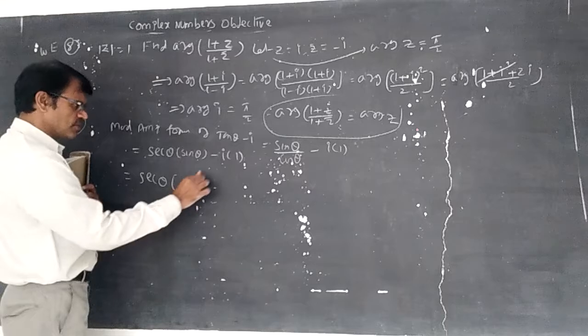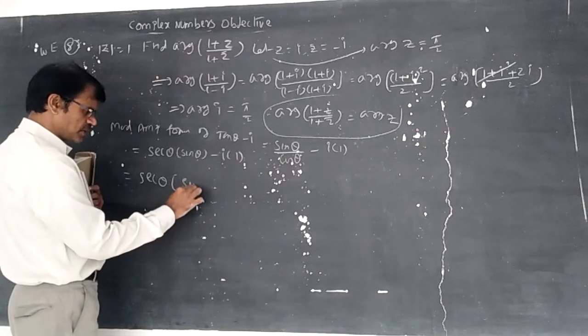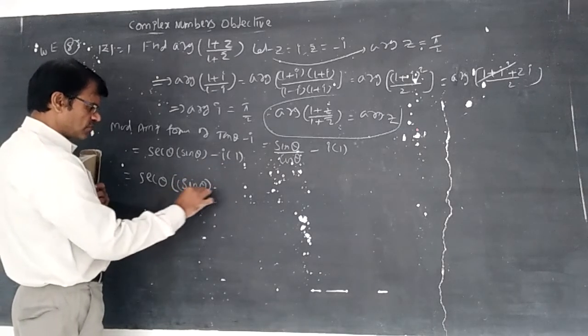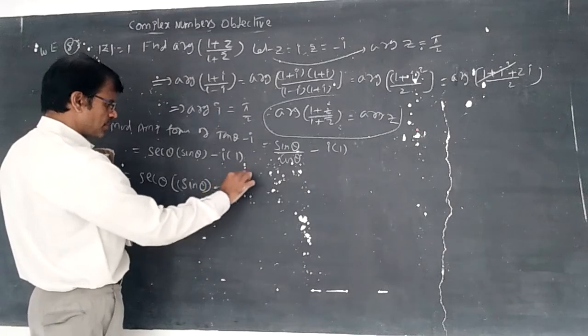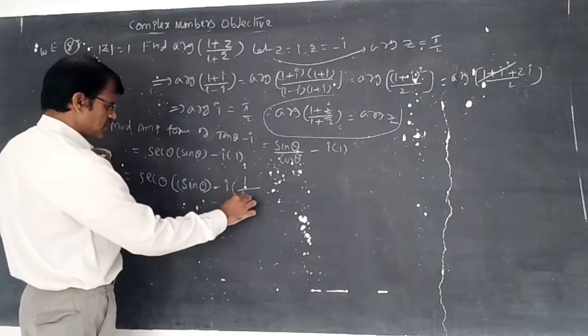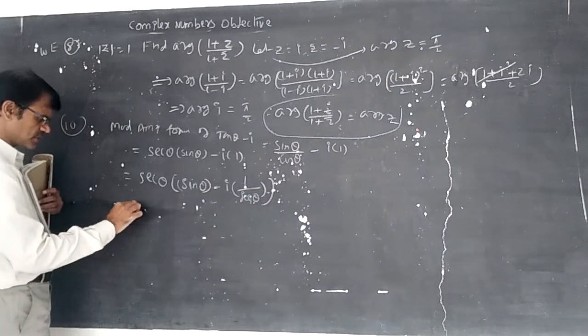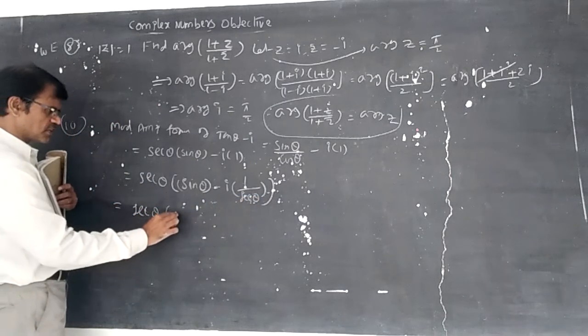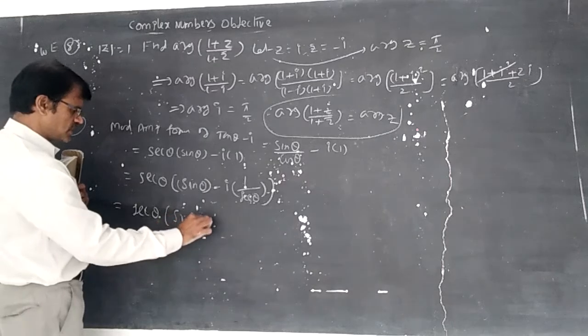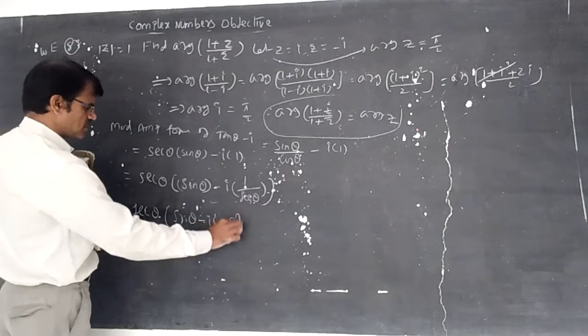Even though secant theta doesn't appear here, simply take it common. Then i into 1 by secant theta. Secant theta into sin theta minus i into 1 by secant theta. So secant theta into, now you write as sin theta minus i cos theta.